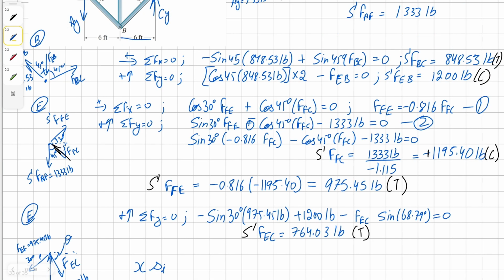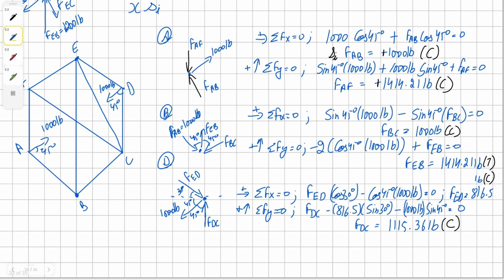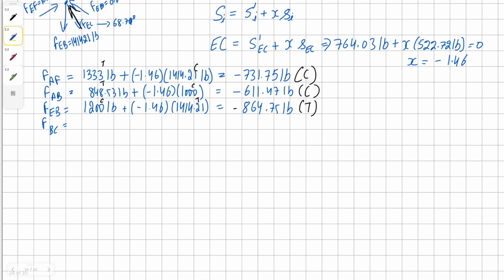Our S prime force BC was 848.53 and petite BC was 1000 pounds in compression. Solving, we get negative 611.47 pounds, and it's in compression again. Now we are moving to the next member, which is FE.